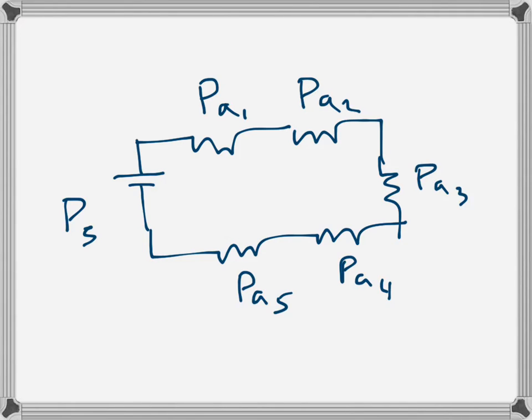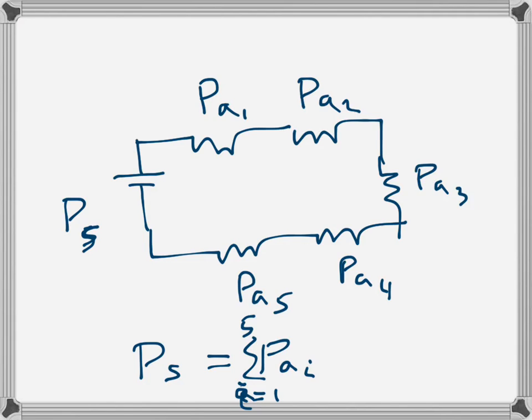And what has to happen, for conservation of energy, is that PS will be equal to the sum of all those PAs, so i from 1 to 5. That's what it has to be for conservation of energy.